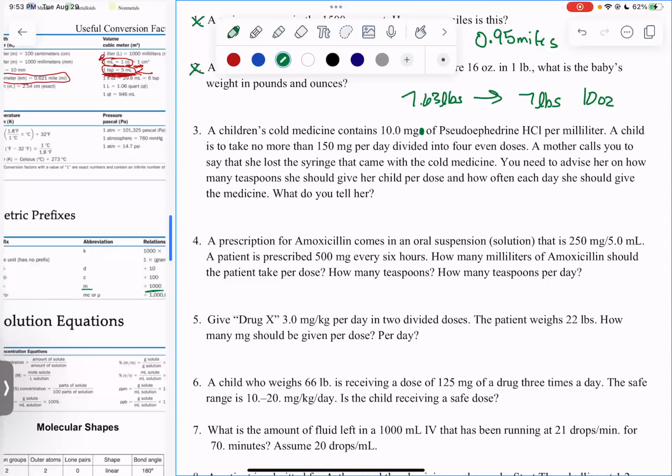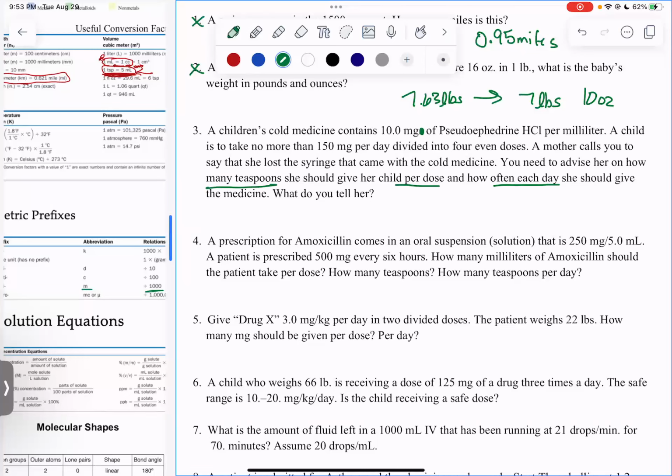A child is to take no more than 150 milligrams per day divided into 4 even doses. A mother calls you to say that she lost the syringe that came with the cold medicine. You need to advise her on how many teaspoons she should give her child per dose, and how often each day she should give the medicine. What do you tell her?